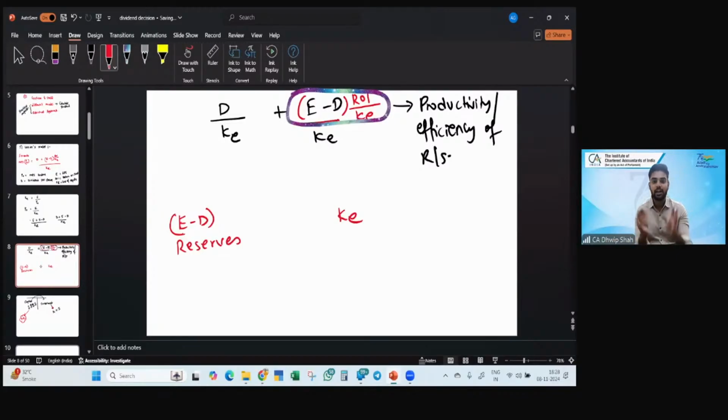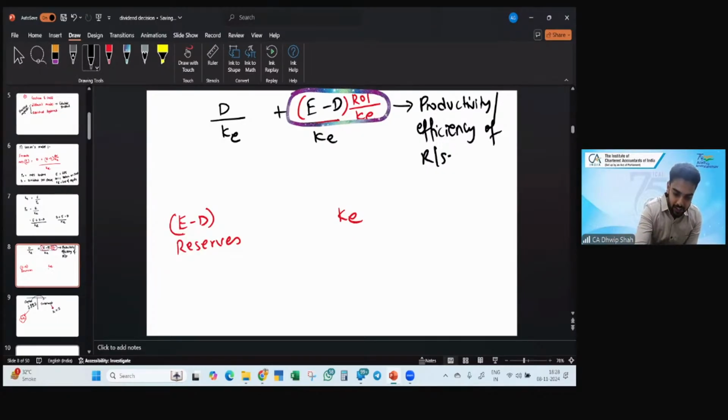Please listen carefully. If the company had not retained these funds with itself, it would have distributed them as dividend. And from that dividend, equity owners will earn KE by investing somewhere else. Are you getting this?